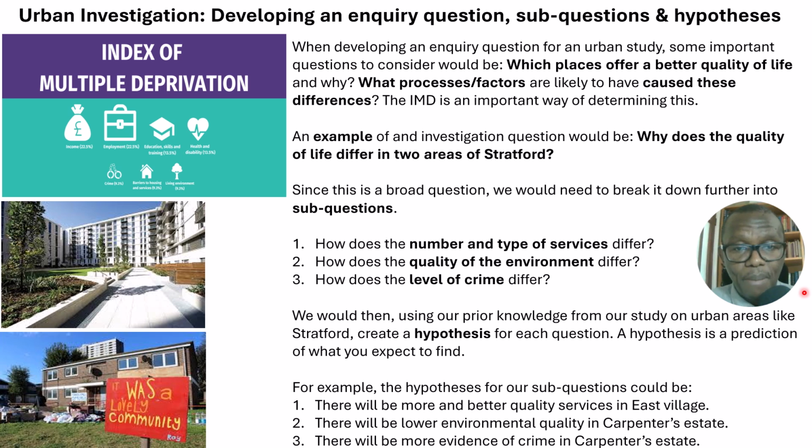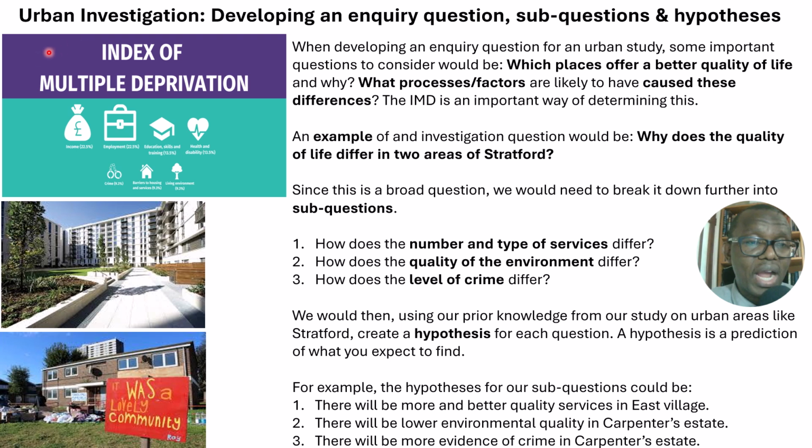If we are talking about processes and factors, we could be talking about processes such as deindustrialization, suburbanization, counter-urbanization, and so on. And the IMD is an important way of determining this. That is the Index of Multiple Deprivation, an index that the government uses to determine which areas are deprived and which ones are not.